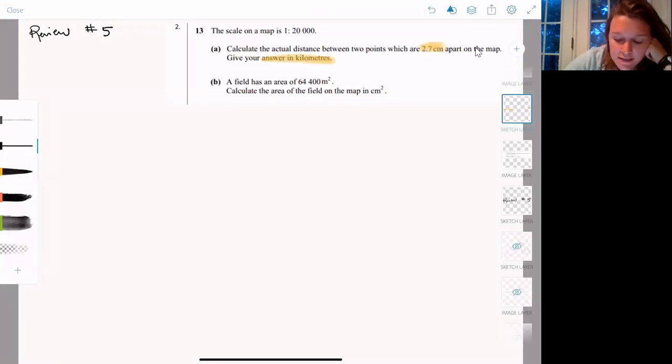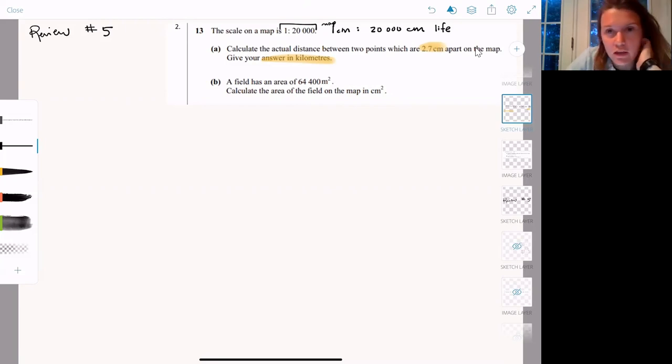So when we're looking at a scale here, what this is saying is this is 1 centimeter on the map is equal to 20,000 centimeters in real life. Map, real life, okay?